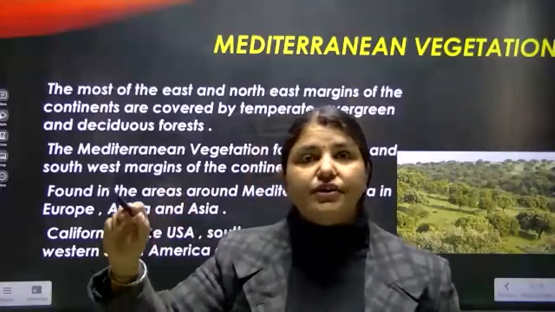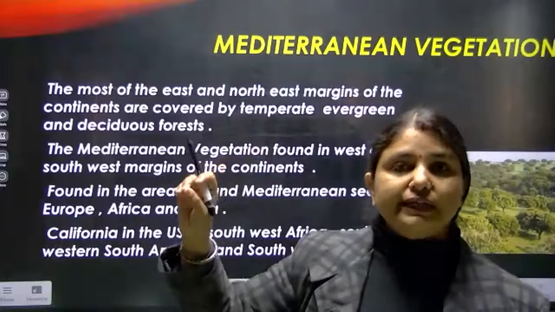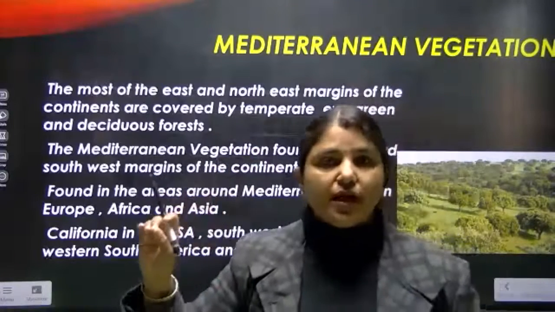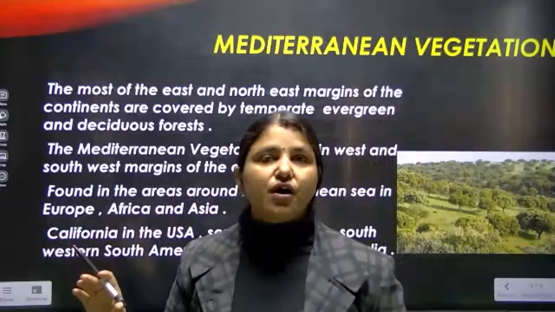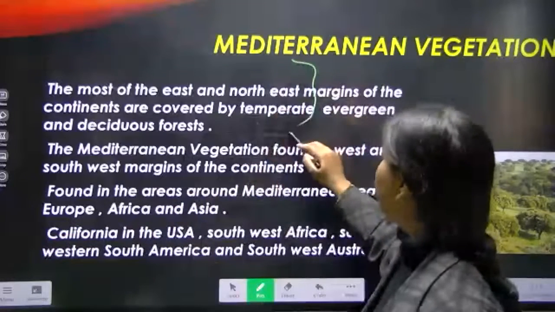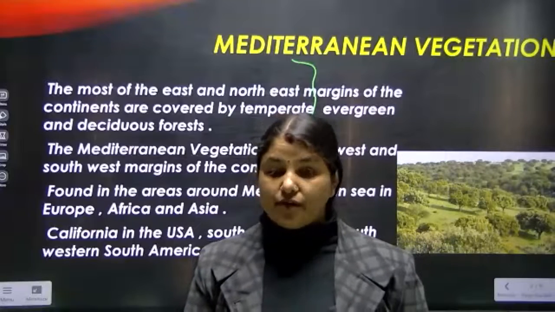Temperate evergreen forest we found in the southeastern part of the continent. Temperate deciduous forest we found in the northeastern part. That means almost we can say the eastern part is where we found the temperate deciduous and evergreen forest.